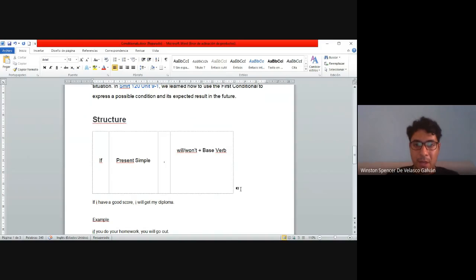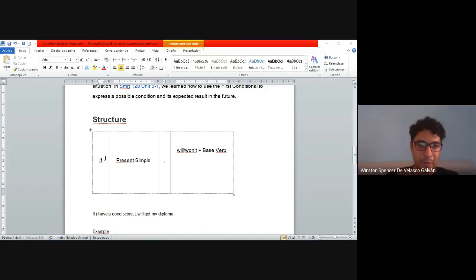Yes. Right here, there's going to be a slight change in the structure. First of all, we need to start one more time with if, which is the conditional. After that, we need to start with a sentence in simple present. And then we need to add the comma. And after the comma, there's going to be a change, and that change has a relationship with the future, right?